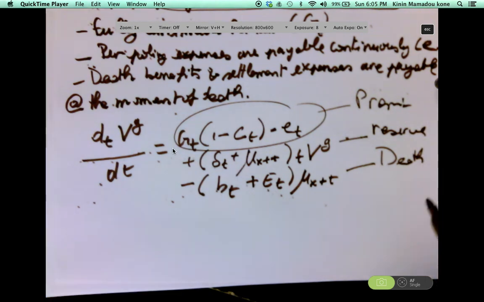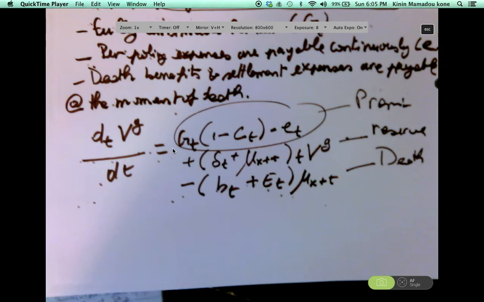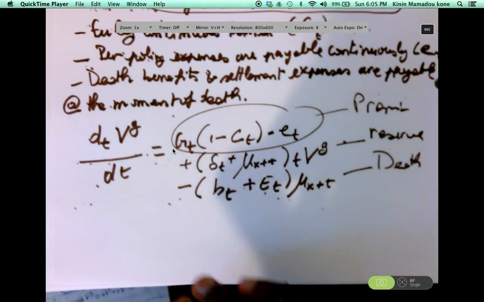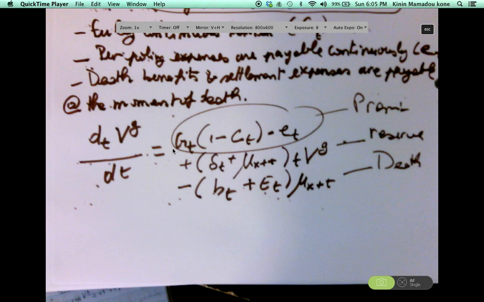So this is the Thiele differential equation, and there is a trick to solve it.